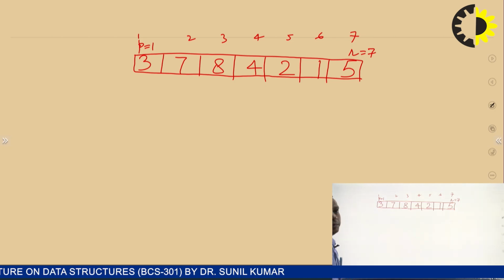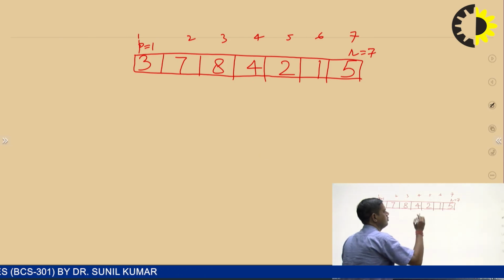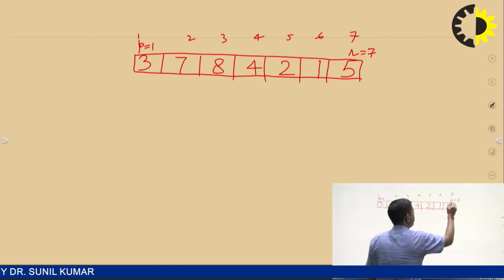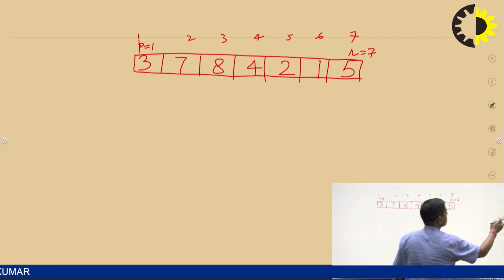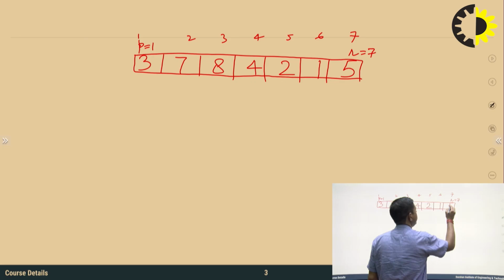Now, as I told you, out of the given elements we have to select one element as a pivot element. For example, first of all, we are discussing by taking the last element as the pivot element.